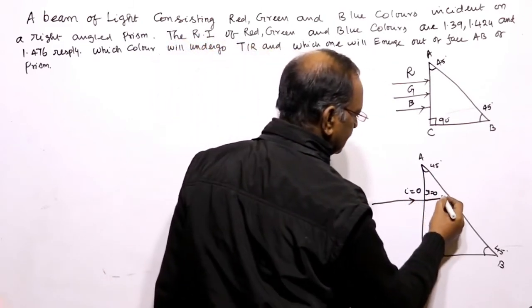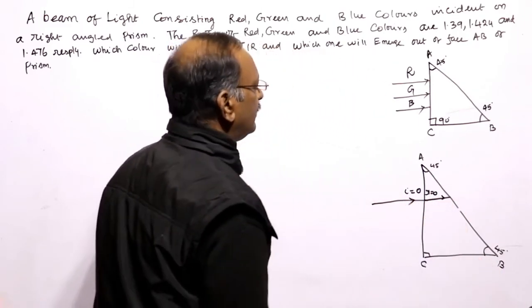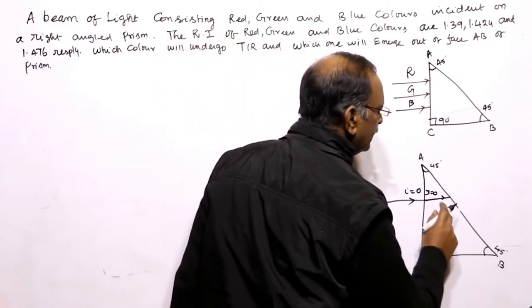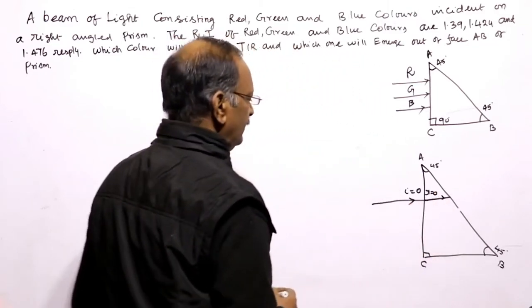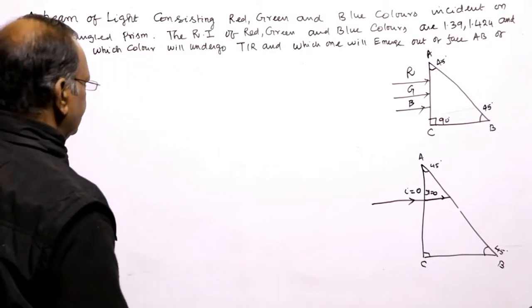Now the ray is incident on the face AB. After refraction through AC, it goes undeviated because it is incident normal to the face AC.